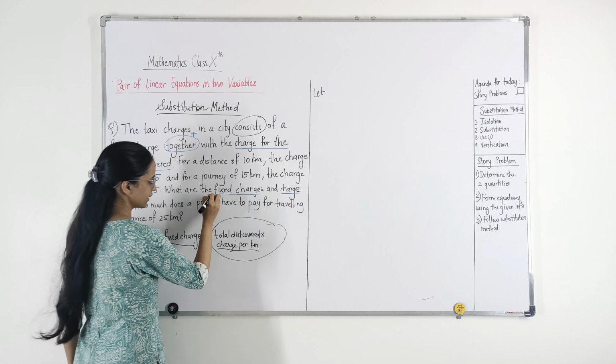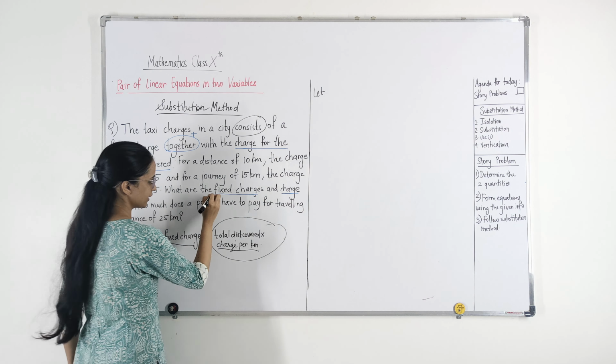Now here we don't know what the fixed charge or the charge per kilometer is. That is why we have taken x and y. Similarly, we are going to frame the next equation for the next part of the sentence, which says that when the journey goes from 10 kilometers to 15 kilometers, the charge has increased from 105 to 155.